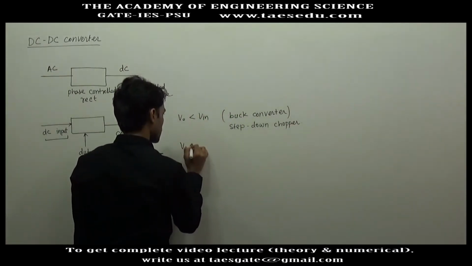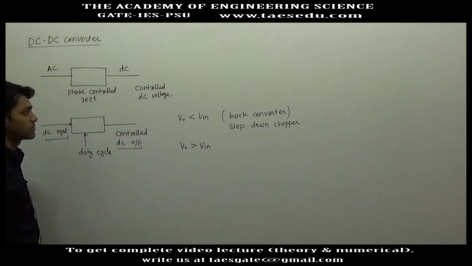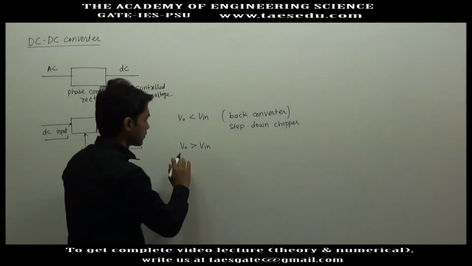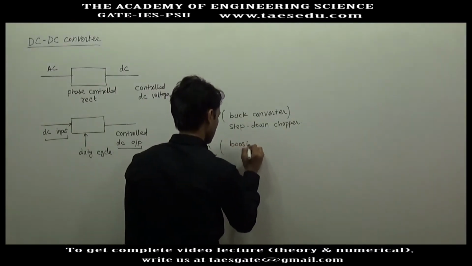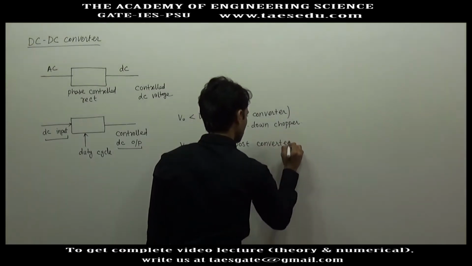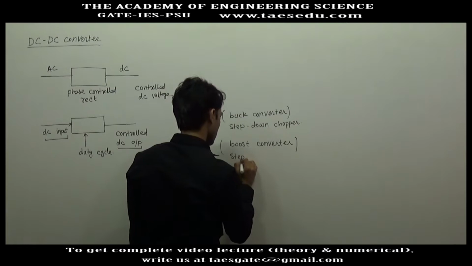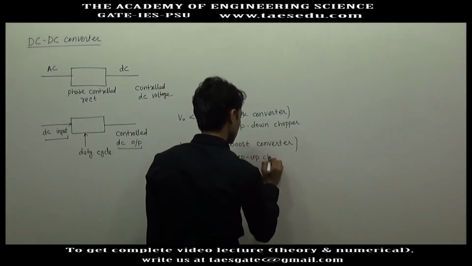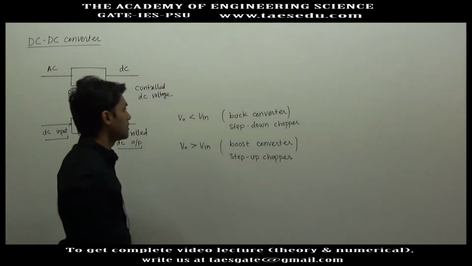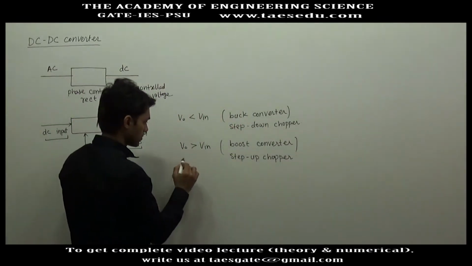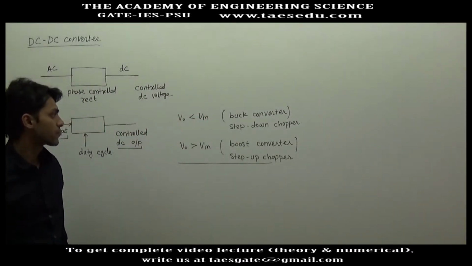If output can be made greater than input voltage, this type of DC to DC converter will be called boost converter, and it is also named as a step up chopper. These two types of chopper you would have studied in your BTech course.